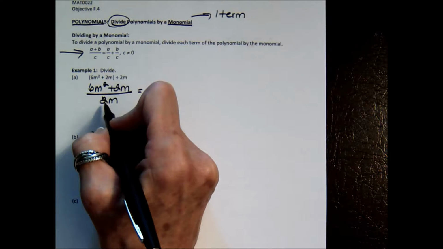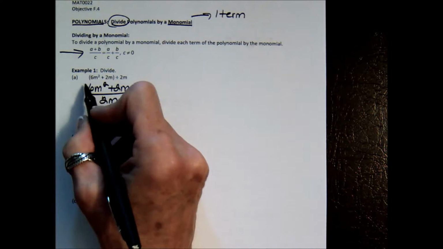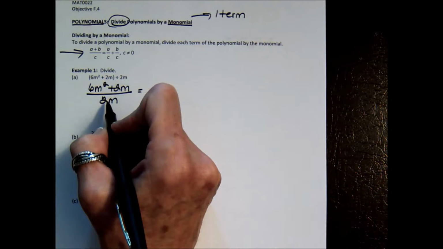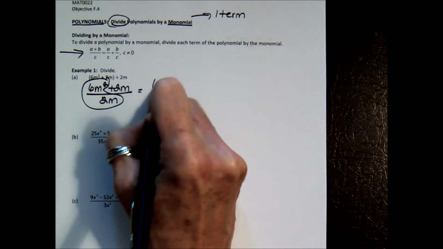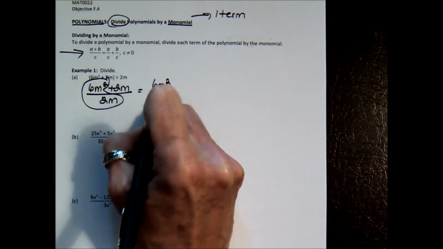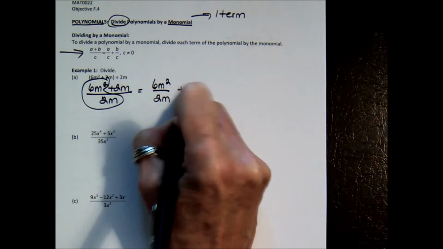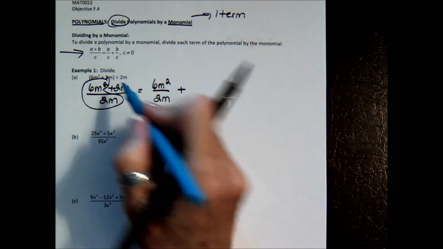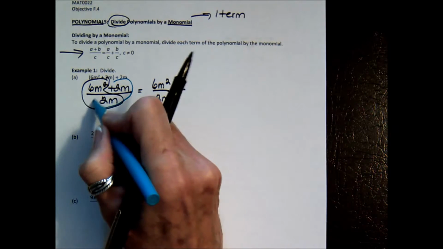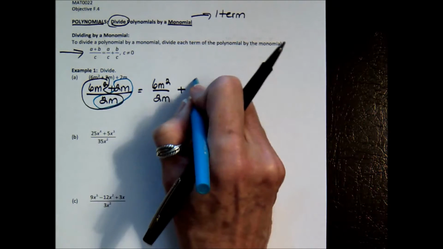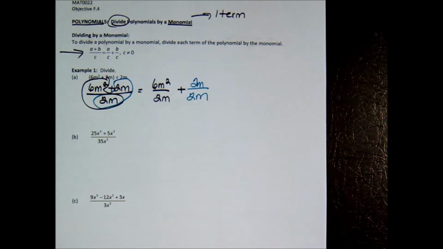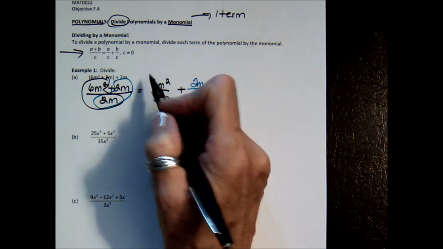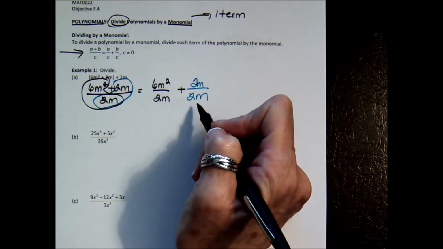In this case, there are two terms in the numerator, so we're going to split it into two smaller fractions. The first one is 6m squared over 2m. Then I put my plus sign. And the second one is the second term of the numerator over that same common denominator.